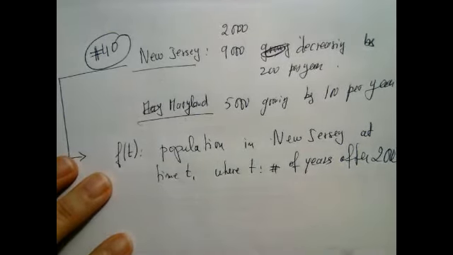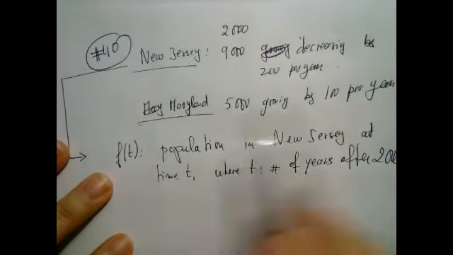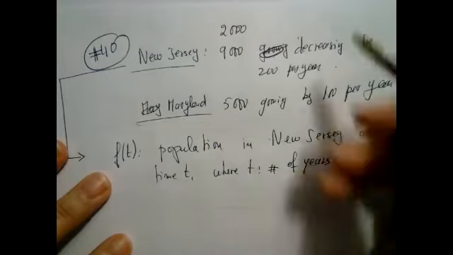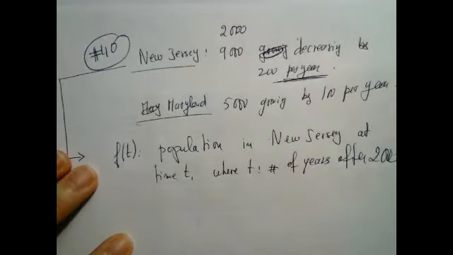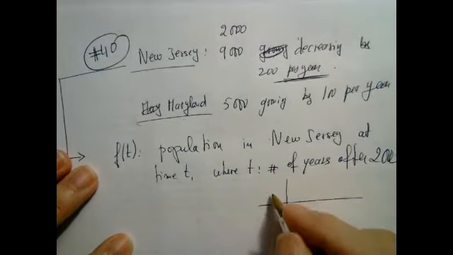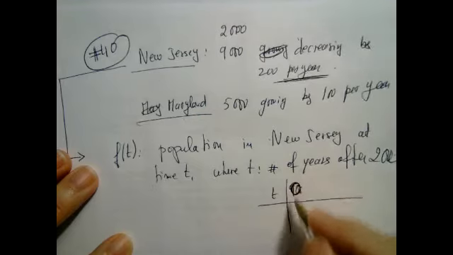Is it linear? Question number one. Is f a linear function? Yes or no? And what gives it away? Every year it is shrinking by 200. It starts at 9,000 at t equal to 0.